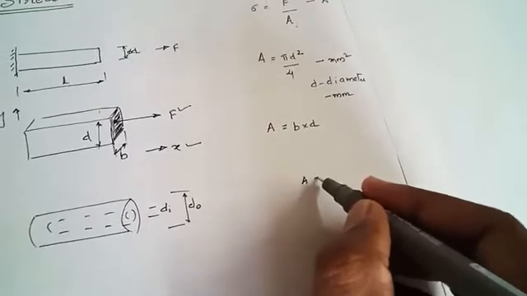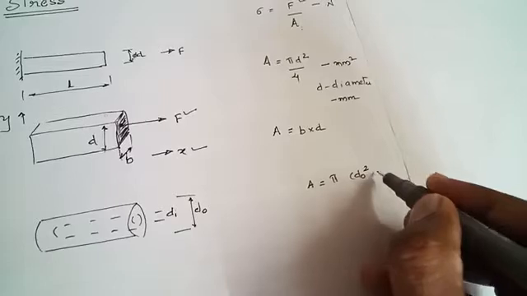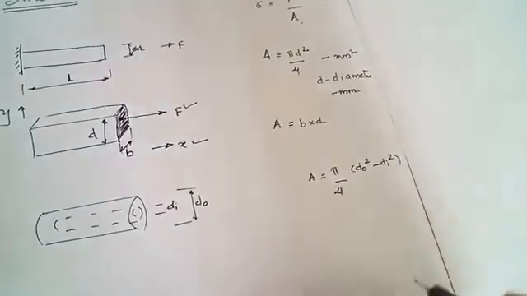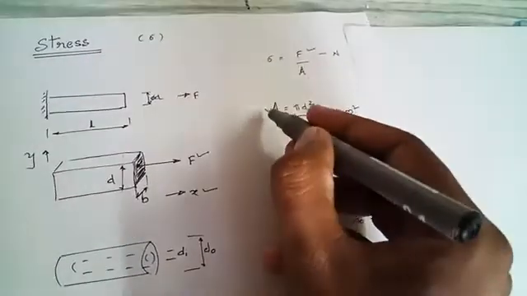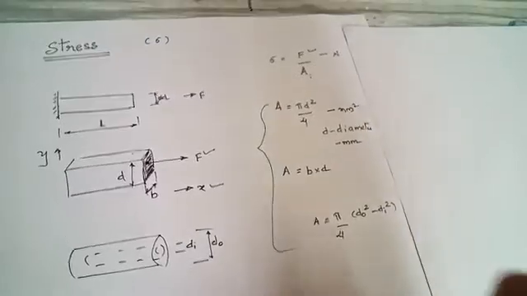In this case, the area is equal to pi times d0 square minus di square, by 4. These are the major three areas that we are going to consider to solve the problems.